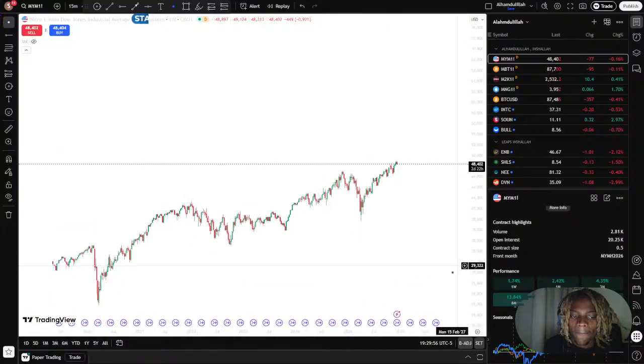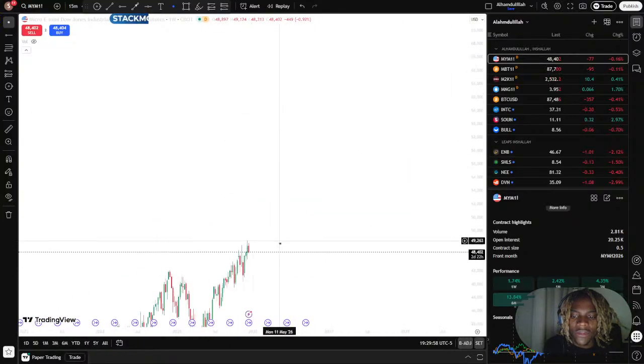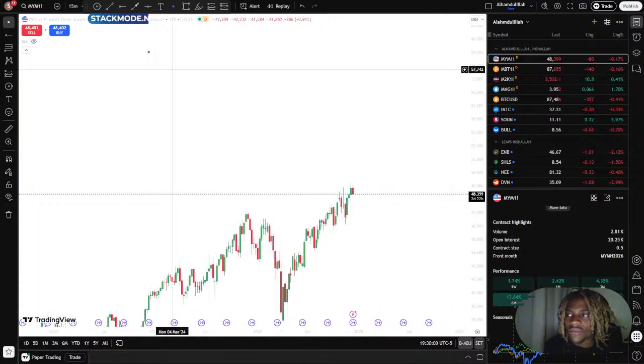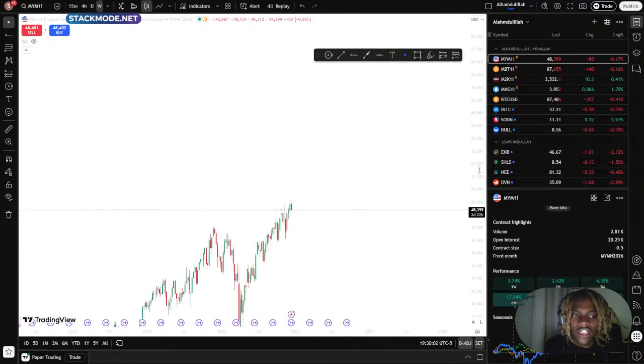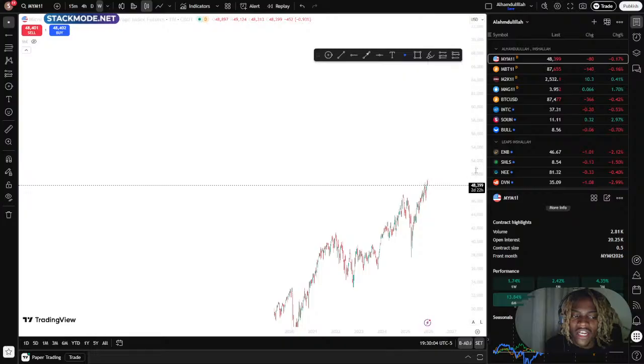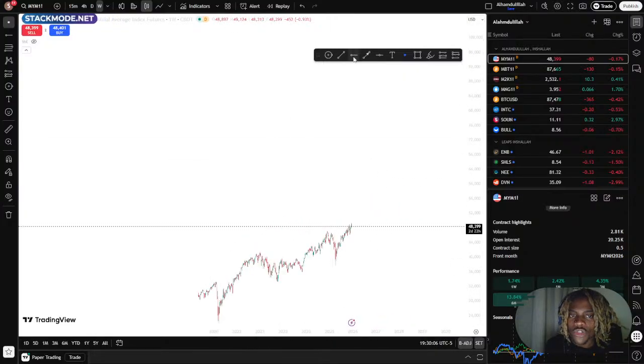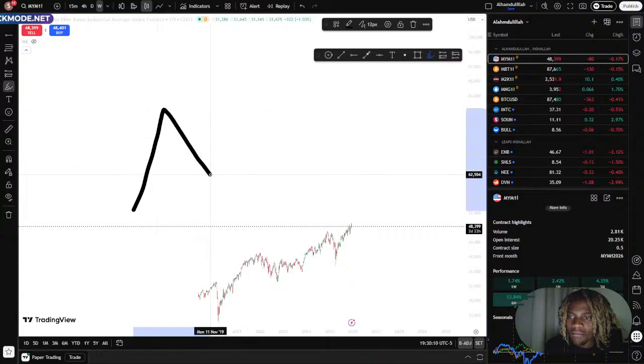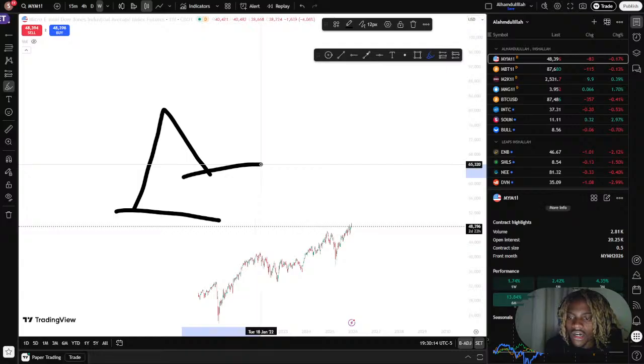So playing pullbacks is going to be really, really important. Here are the things we have to look at. Number 1, you need to make sure that you're trading in a trending market. If we're going to trade pullbacks, which is just price coming down lower and then going back up.